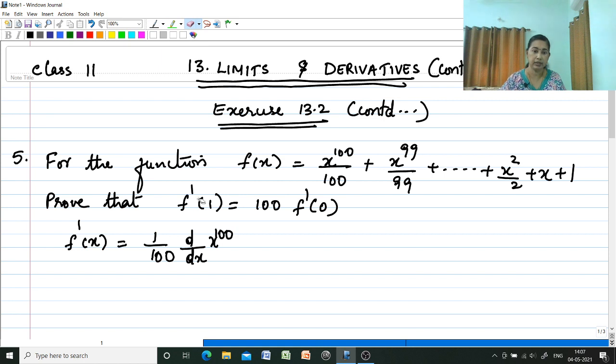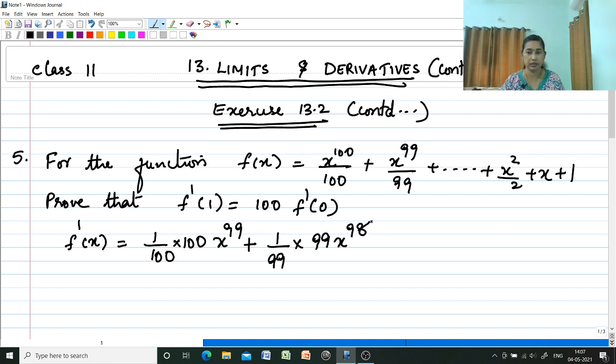So we can write here derivative of x raised to 100 is 100 into x raised to 99 plus second term 1 by 99 into derivative of x raised to 99 is 99 x raised to 98 plus etc. plus here 1 by 2 into 2x, that is derivative of x square is 2x, plus derivative of x is 1 and derivative of 1 is 0.